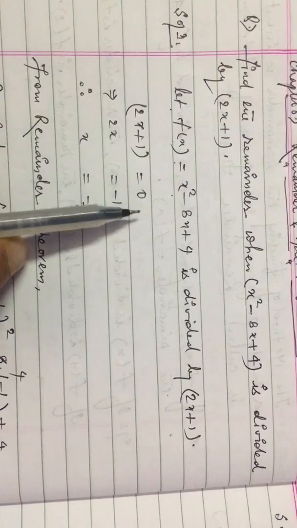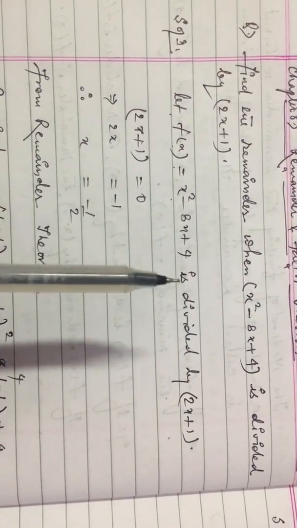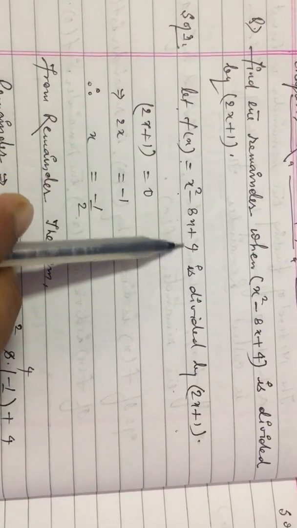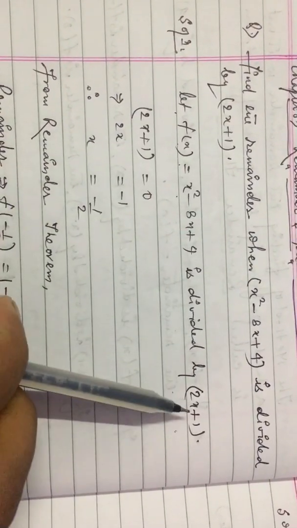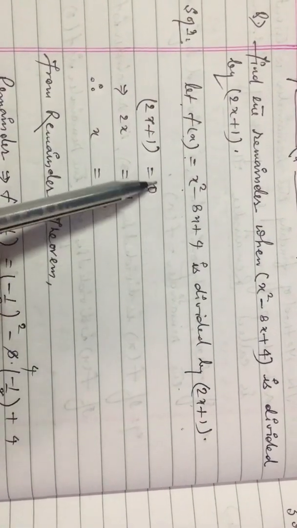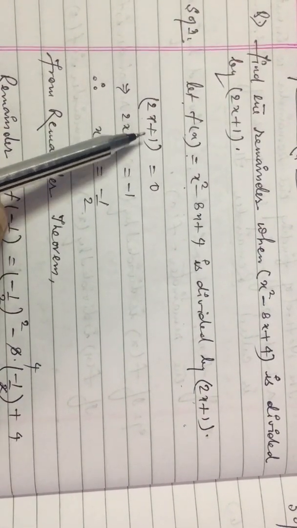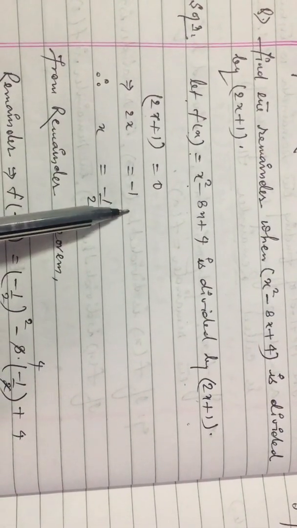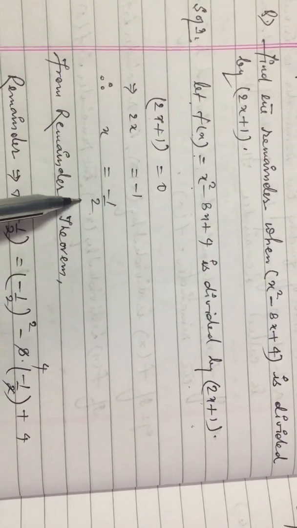Before finding the remainder, first suppose that this is the dividend, this is the divisor. So find the zero of the divisor: 2x plus 1 is equal to 0, so 2x is equal to minus 1, so x is equal to minus 1 by 2.